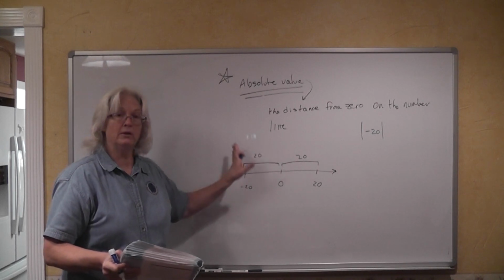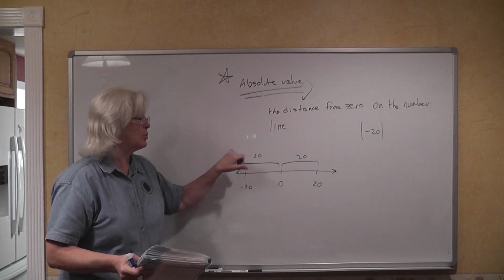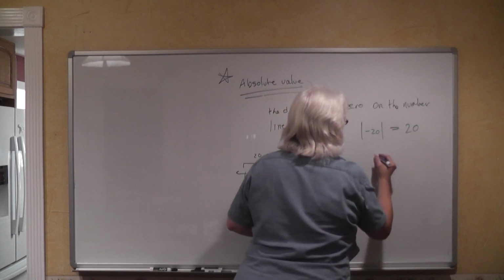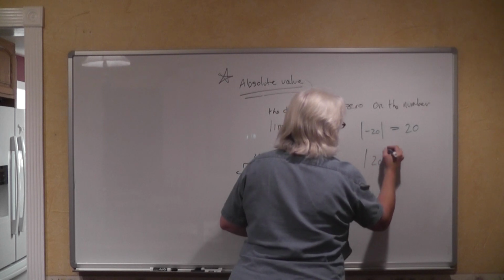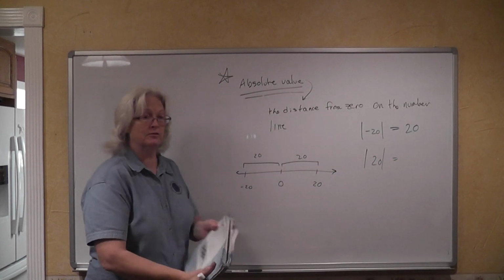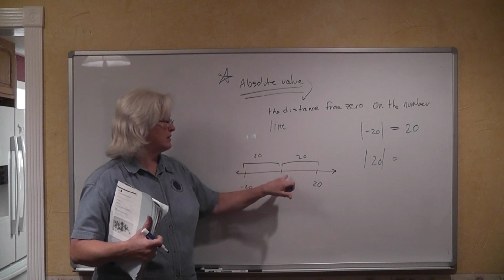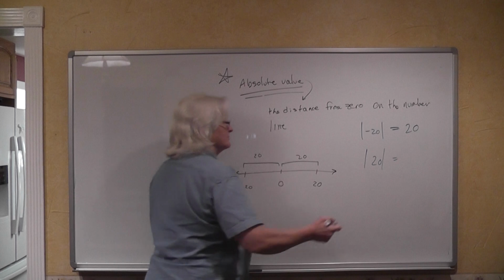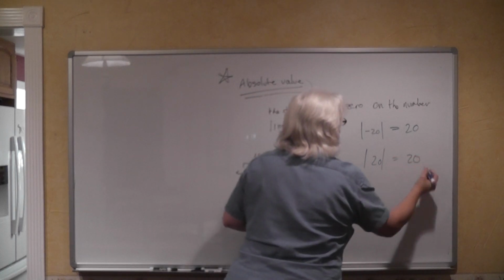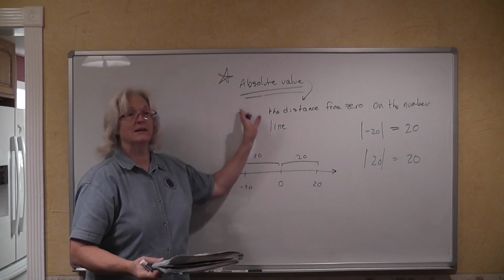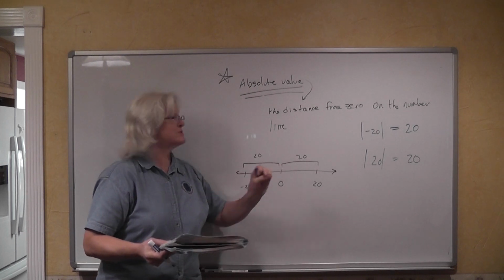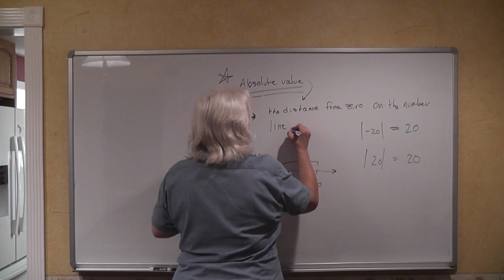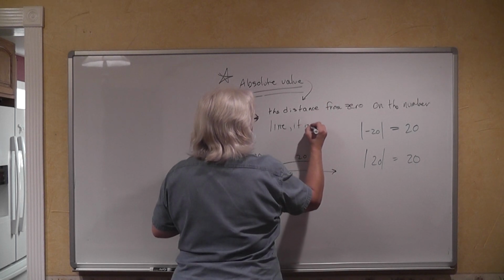It's 20 units to the left, but it's 20 units. The absolute value of negative 20 is 20, and the absolute value of positive 20 is also 20 because it is 20 units from 0 in the positive direction. So what you see from this, not only is absolute value the distance from 0 on the number line, but it is always positive.